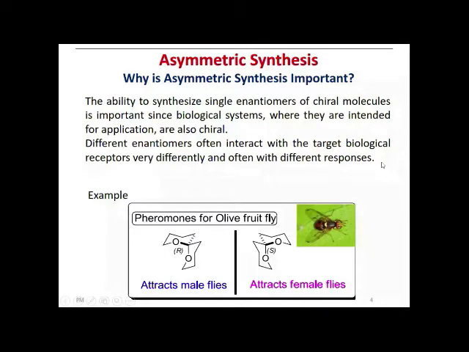As in the previous slide, quinine and quinidine have different activity only because they interact with the biological receptor in different ways, due to their different configurations. Same here, pheromones for olive fruit flies: the R isomer attracts the male flies while the S isomer attracts the female flies.